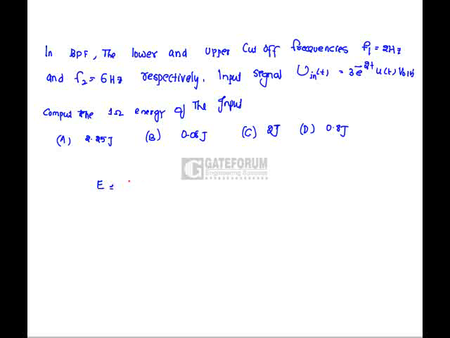Energy of a signal x of t is found by integrating x of t whole square dt from minus infinity to infinity; in the frequency domain, 1 by 2 pi integral from minus infinity to infinity of x of omega whole square d omega.